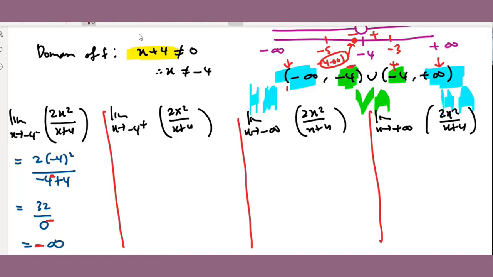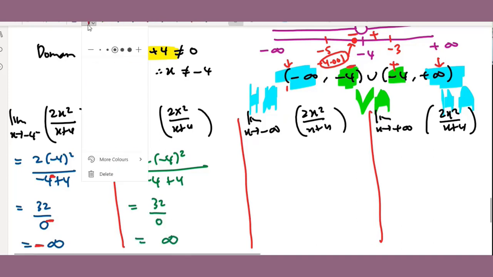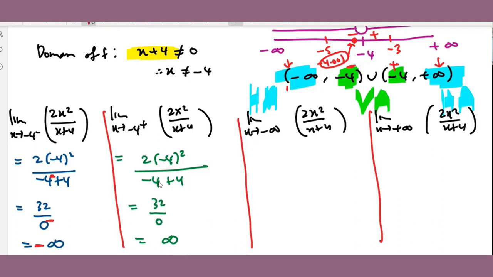Kita check this one. For the second one, it's okay. I continue. Substitute. Negative 4 plus 4. So this is 32 over 0 and then infinity. And detail. Check. This one from right.